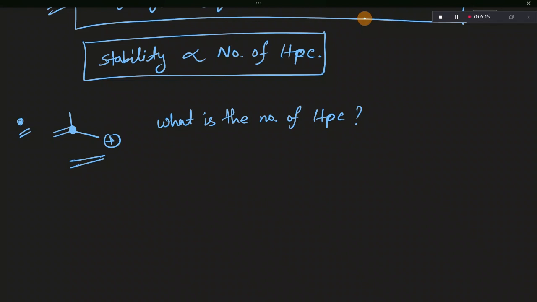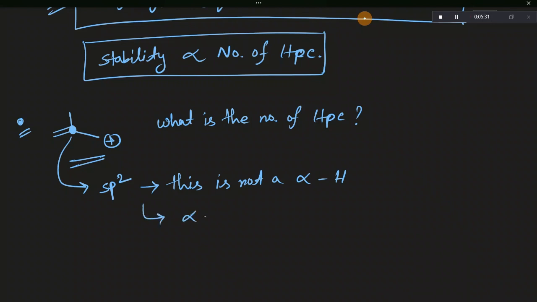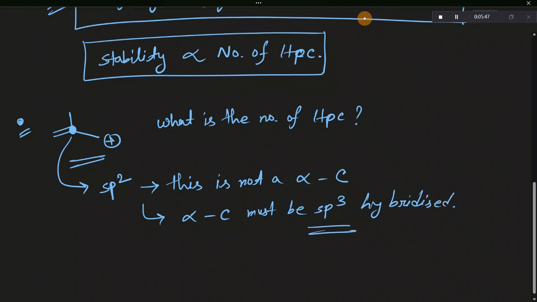Is this the alpha carbon? The answer is no. This carbon is sp2 hybridized, so it is not an alpha carbon. Alpha carbon must be sp3 hybridized. This is very important.